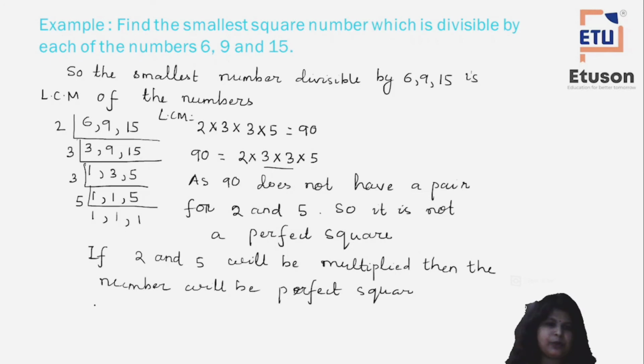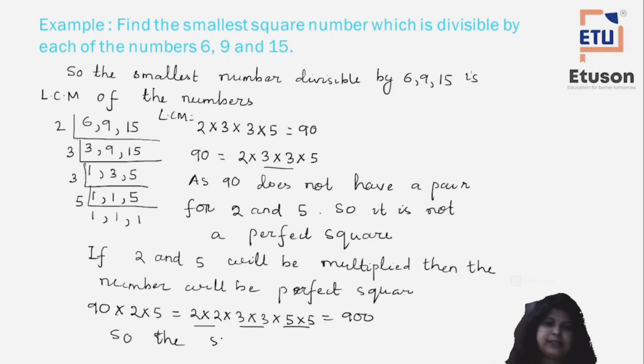Correct? So 90 into 2 into 5 is nothing but equal to 2 into 2 into 3 into 3 into 5 into 5. All the numbers we could pair. And your answer is how much? 900. So the smallest number is 900. Correct or not?